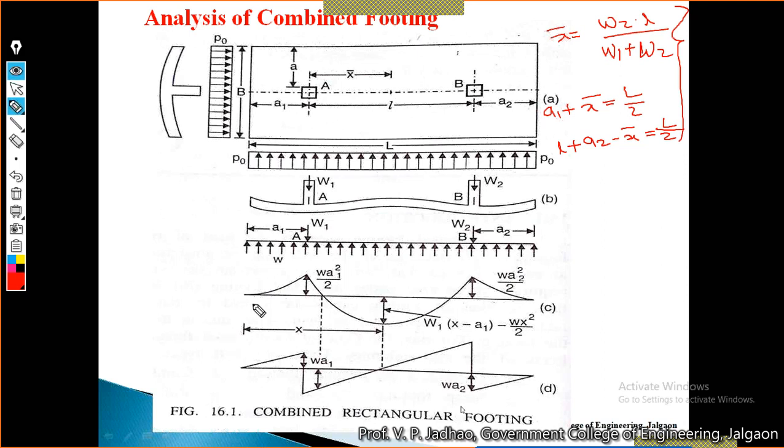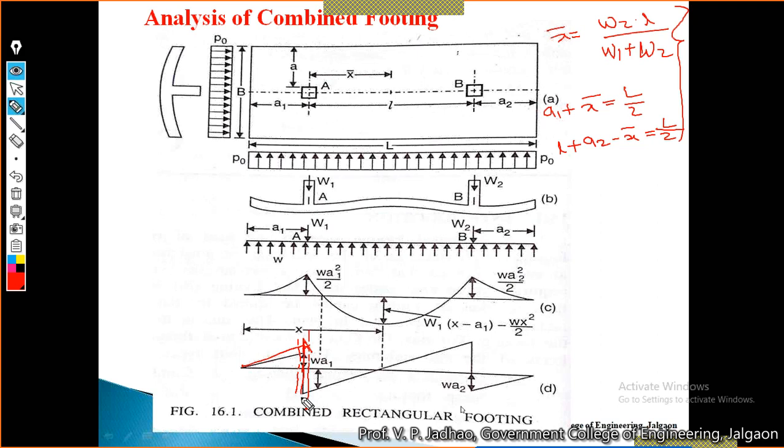Again, bending moment and shear force diagram. When we will be drawing the shear force diagram, what we will be doing? We will be taking a section just on the left of this column A, so we will get some shear force like this. Again, we will be taking one section on the right of this particular column.